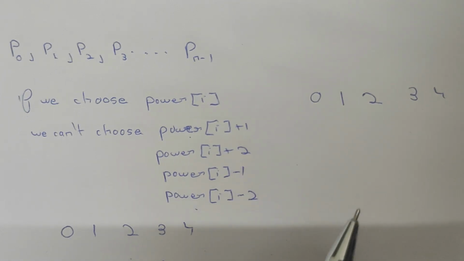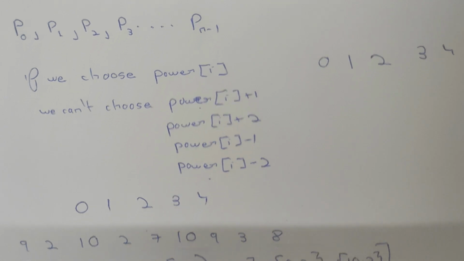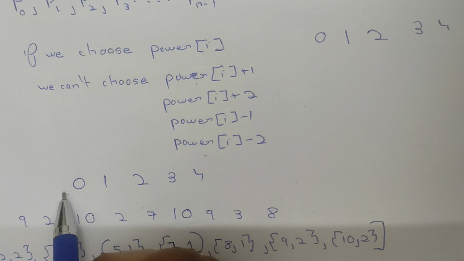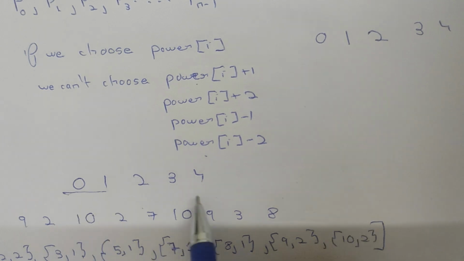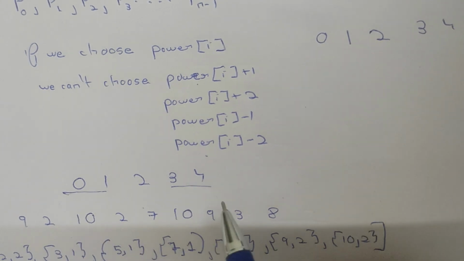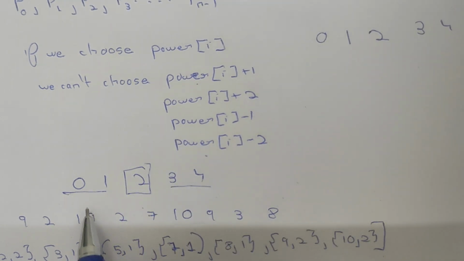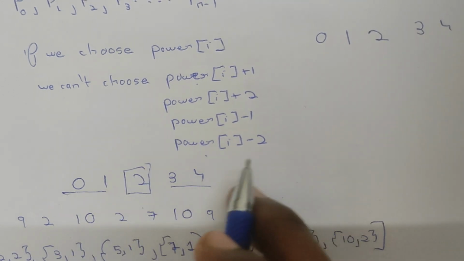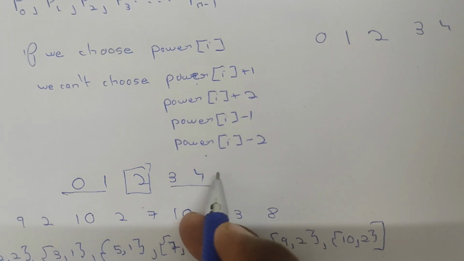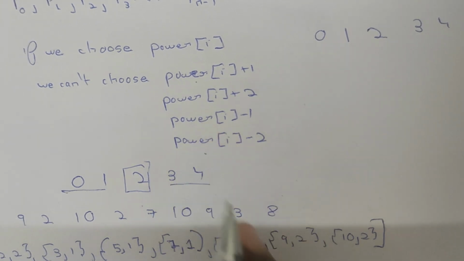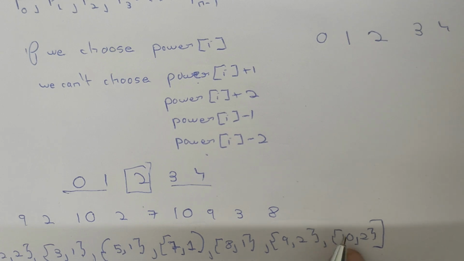For example, if we choose a value with the power 2, we can't choose the powers with the values 0, 1 or 3 and 4. We can't choose any of these values. So we have to find the maximum possible power that we can get by satisfying this condition, right?